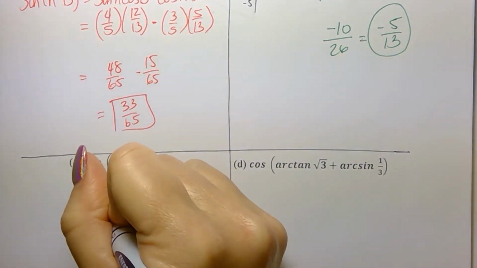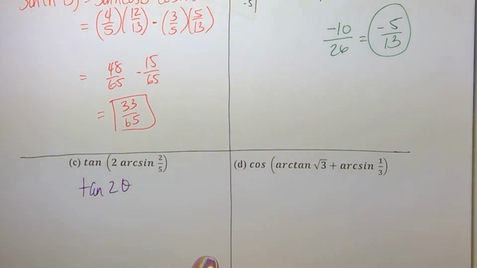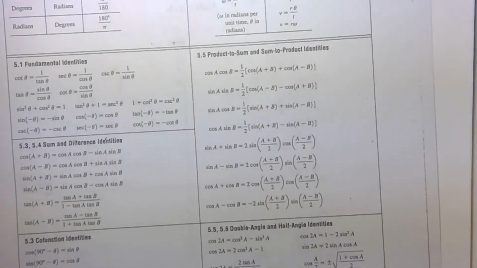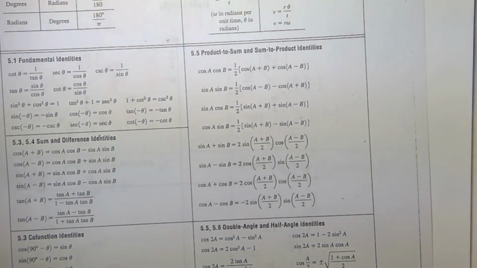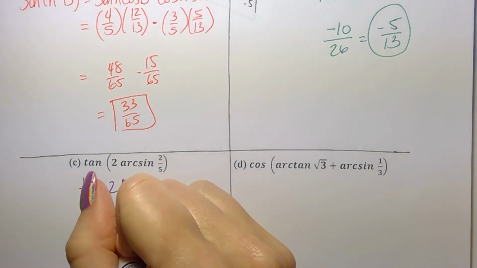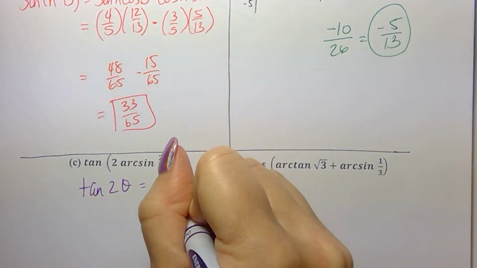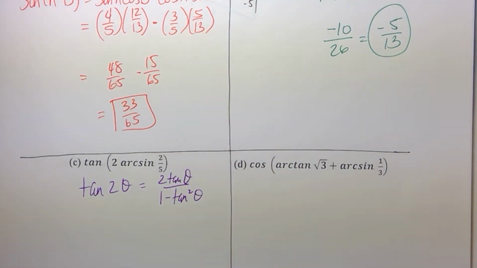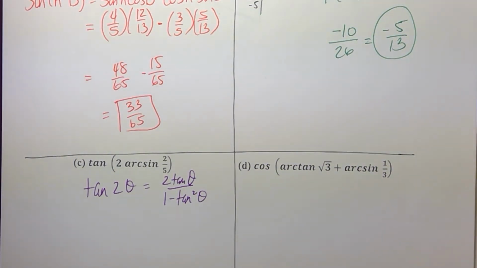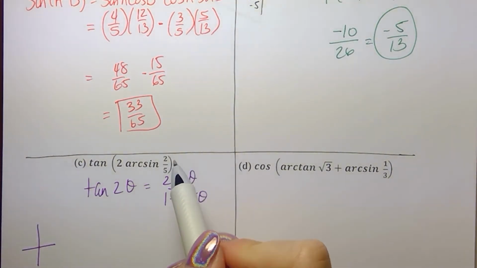For C, I've got a double angle tangent identity. If I look back at my identity sheet, my double angle tangent identity is 2 tangent A over 1 minus tangent squared A. I need to know my values for tangent, so I sketch my angle.